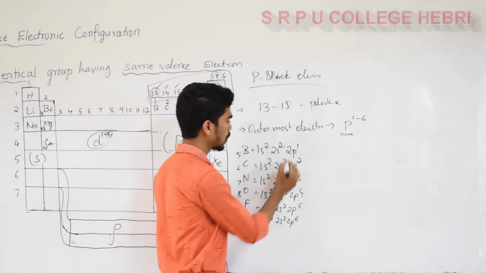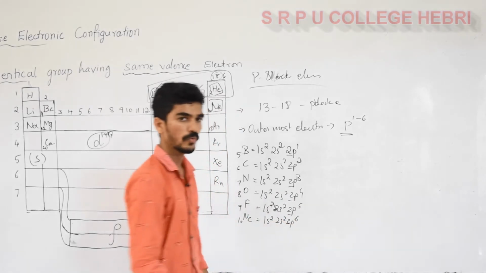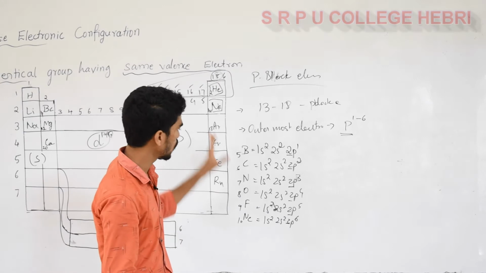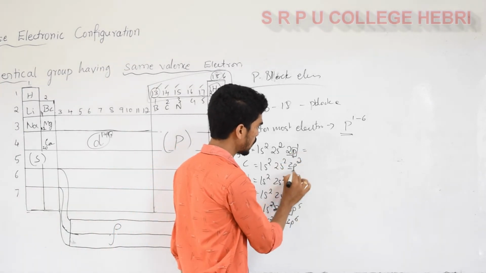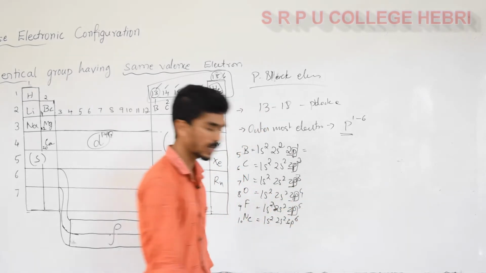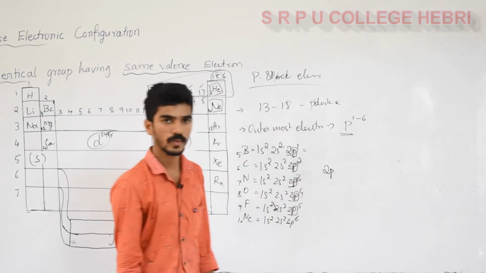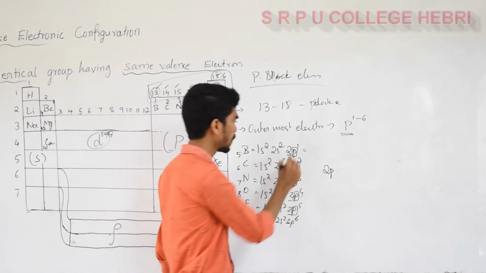So what is the valence shell here? Only 2, for the second period. Consider only 2. So 2 is the valence shell and P is the ending orbital. Those electrons fill only the P orbital, so it is 2p, and the number of electrons varies starting from 1.